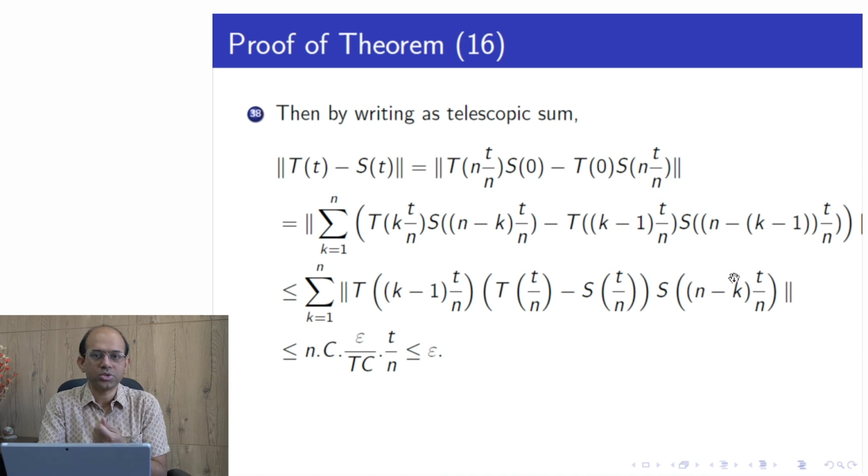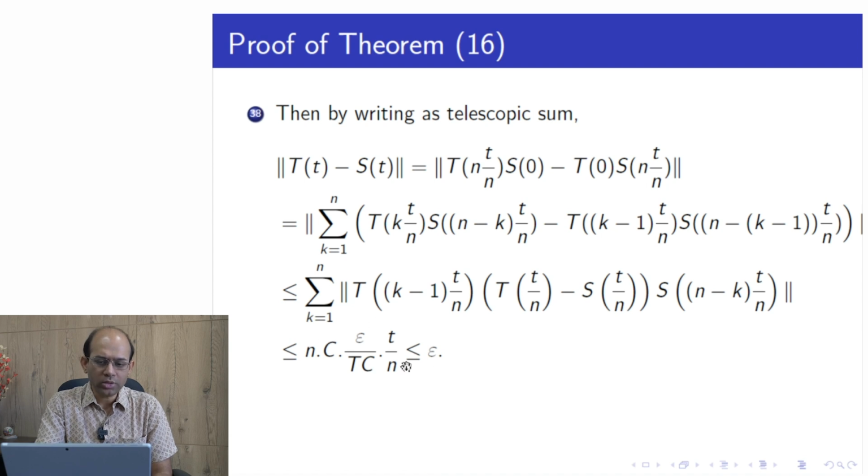This entry is also at most small t, but small t is less than or equal to capital T, so we can apply that inequality. So n times capital C comes from the product of the norms of these two operators, and epsilon by T C times t by n comes from this middle part.